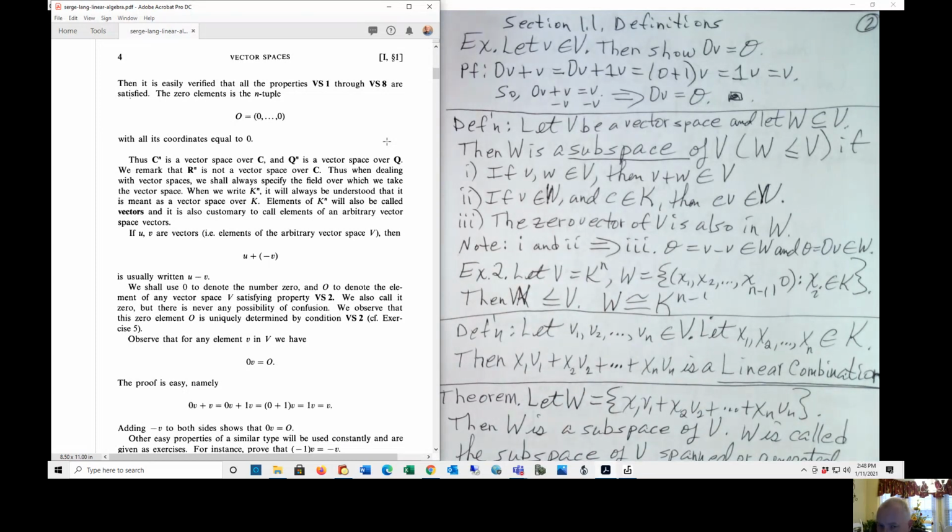Now, the number 0 times the vector V. Well, let's add the vector V to it, and then employ the 8th axiom.